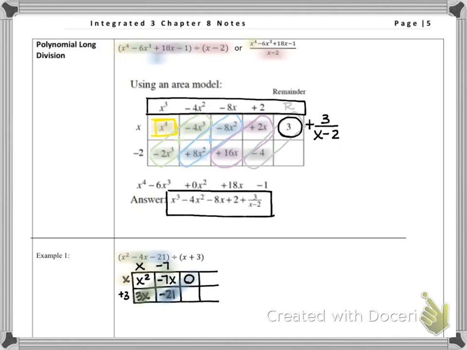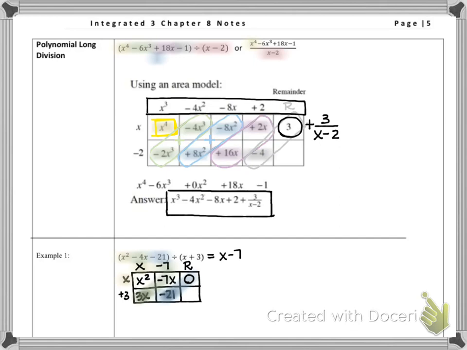I reached the constant, so this is my remainder. I don't need the rest of the box here. So now my answer is what's written across the top. So the answer to this division problem is going to be x minus 7 from across the top. Since the remainder is 0, we don't have to write it. So the answer is x minus 7.